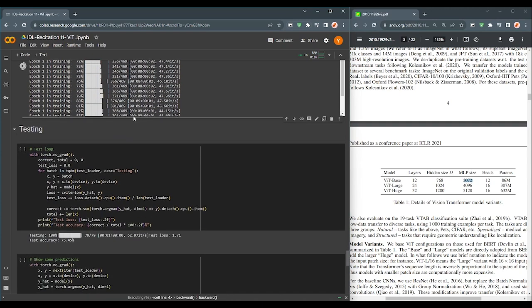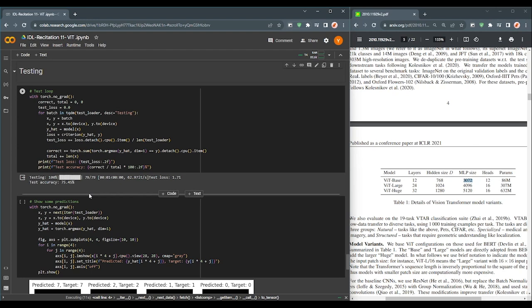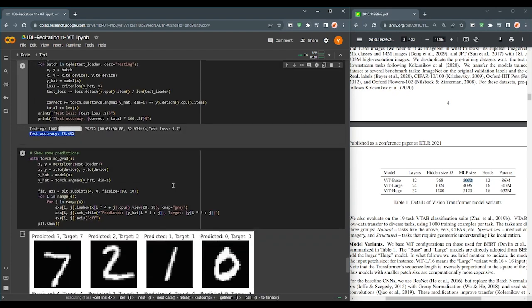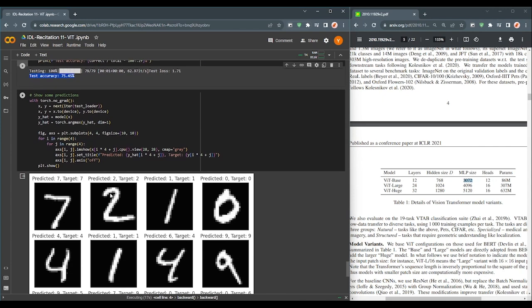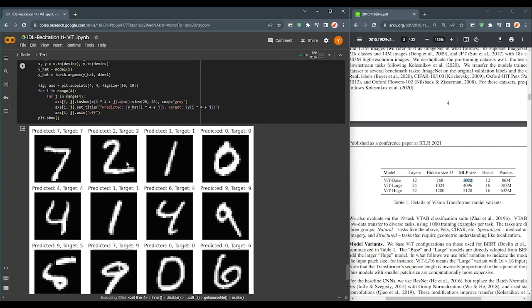After training the model, I was able to get a test accuracy of 75, and this is a diagram that shows the predicted and the target label. It's similar to the transformer we use for the machine translation.